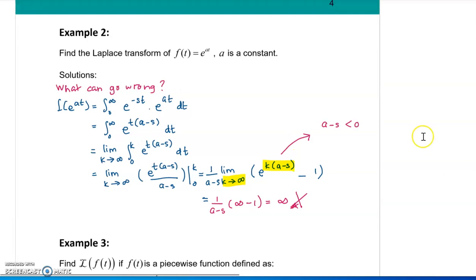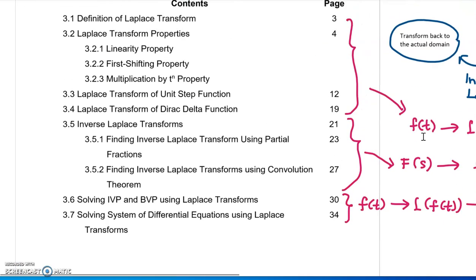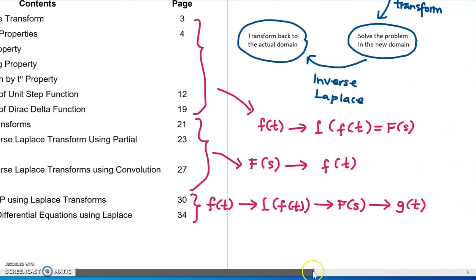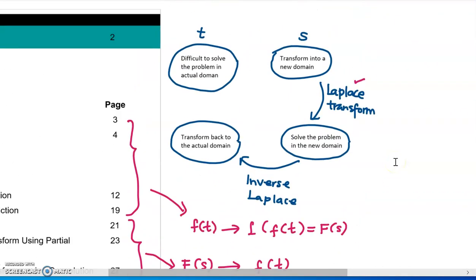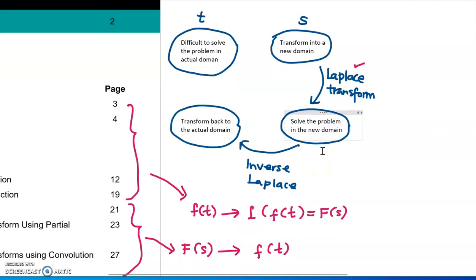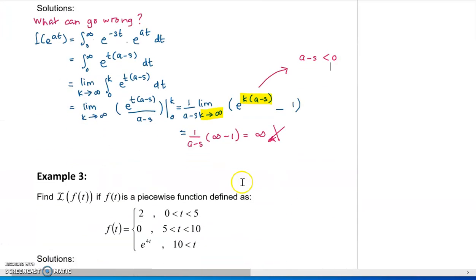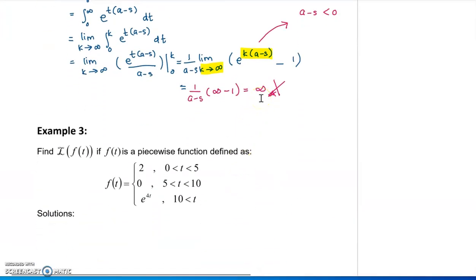In the introduction I mentioned that in the Laplace transform, we solve the problem in the domain s, meaning that we should be able to get a solution here. If our answer is infinity, it means that we do not solve the problem. It cannot be infinity.